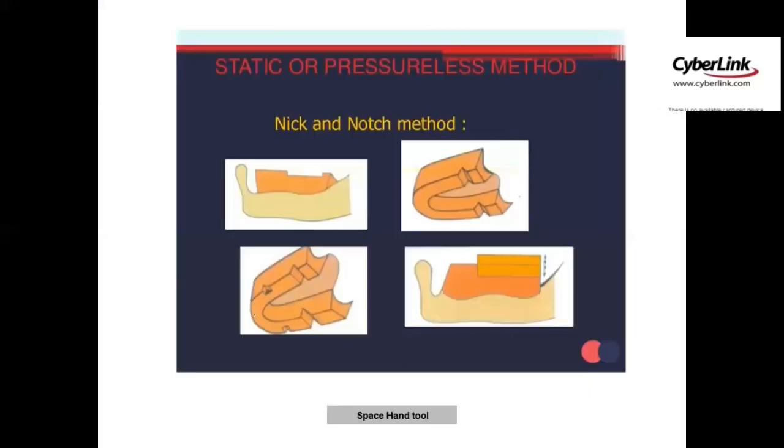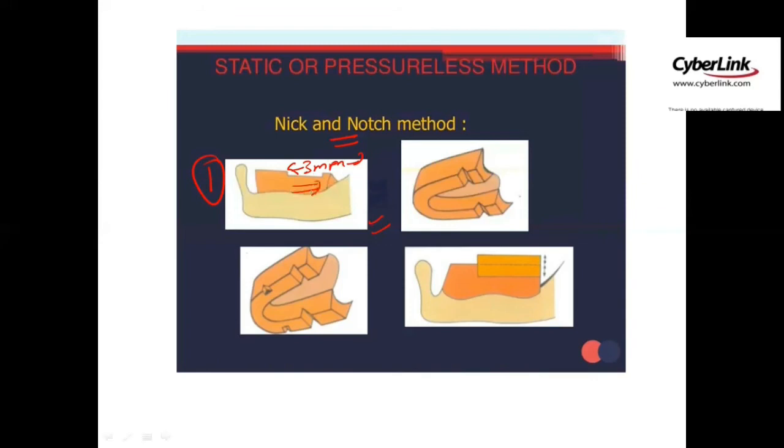Right. Then come to the static or pressureless method. This is a very interesting method. In this case, we use the nick and notch method. What can we do in the nick and notch method? Up to 3 mm of wax is removed on either side of the mandibular occlusal rim from the premolar region to the distal end.